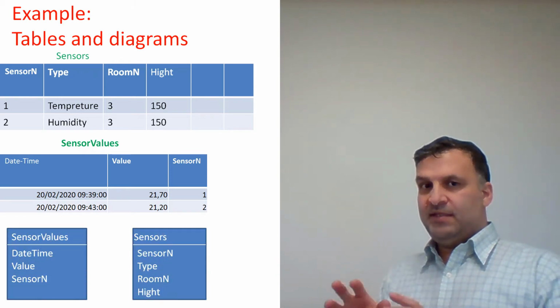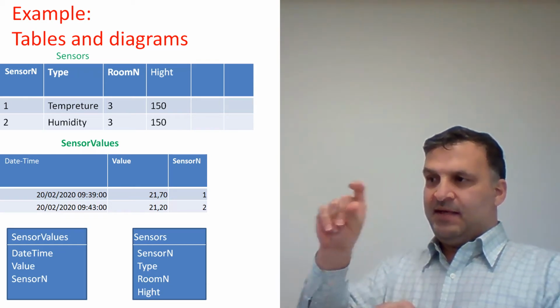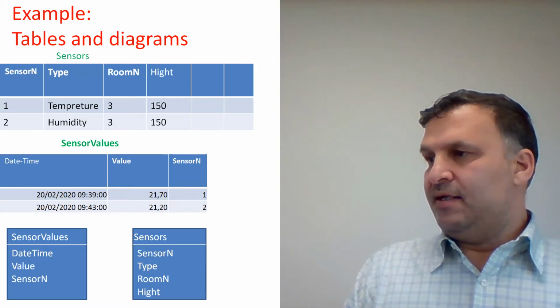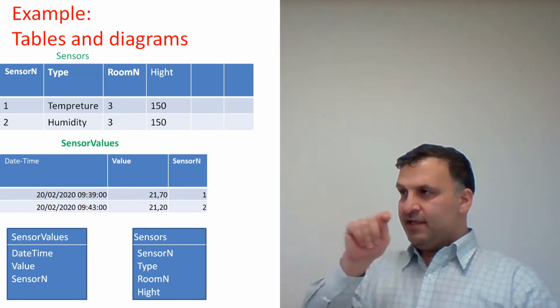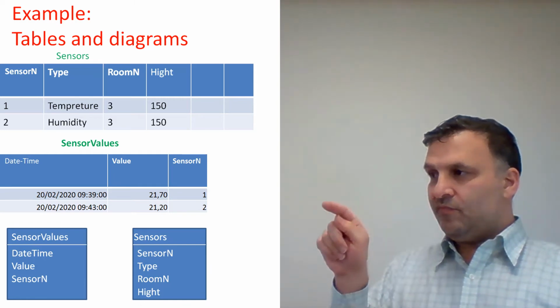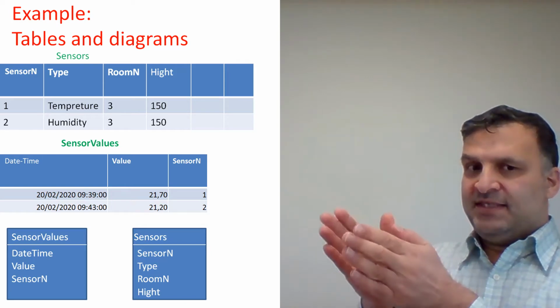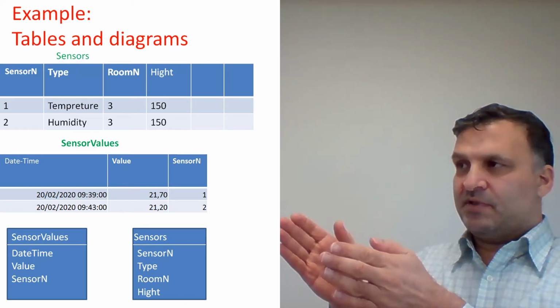these diagrams are similar to class diagrams. If you remember, we have the name of the class with the attributes. We have the first table and we have the second table. If you see here, it is very important to make the relationship between the two tables. In the first table, sensor values, we have date, time, value, sensor number.